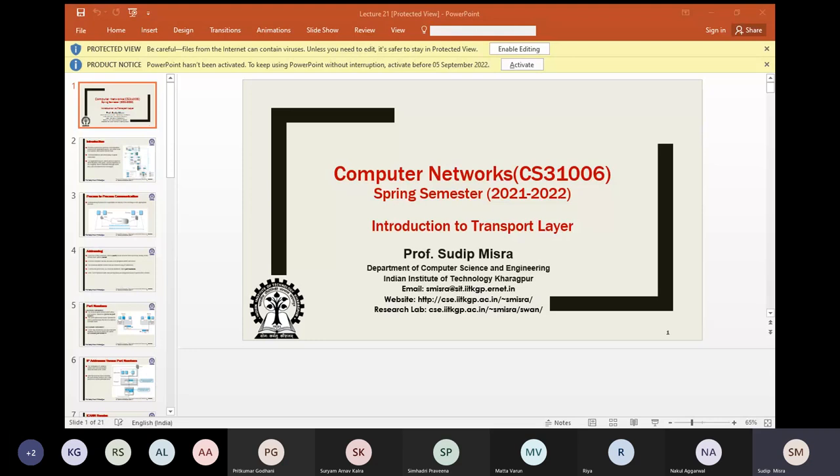Different applications are running on the host. Let us say that this is your server. In the server, you have different layers, including the transport layer and the application layer. In the application layer, you have different processes, different applications that are running, and corresponding to every application, you have a designated port number.